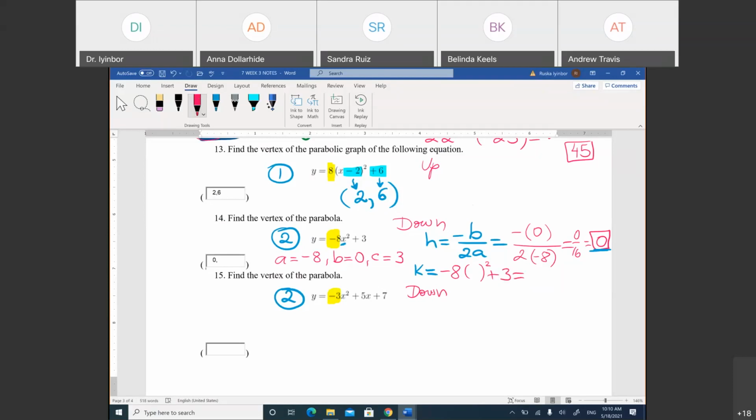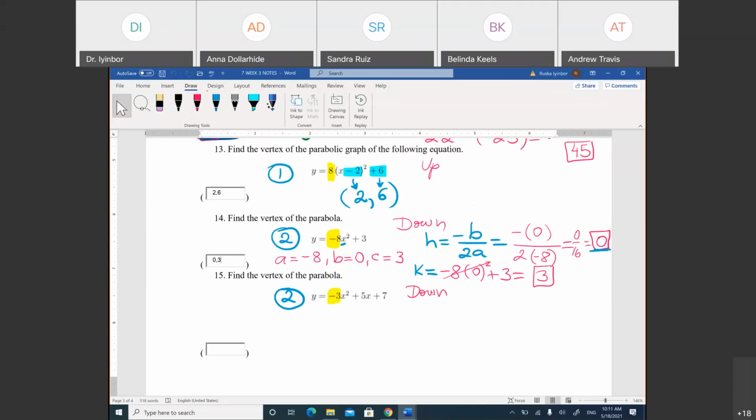So I plug in 0 for X, right? So what you get? -8 times 0 is 0, plus 3 is going to be 3. So my second number is 3. Okay? Everybody understand that?